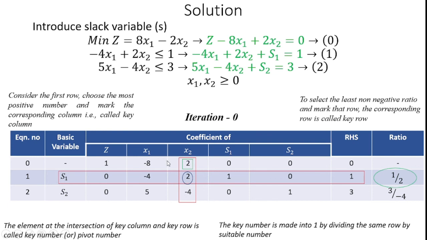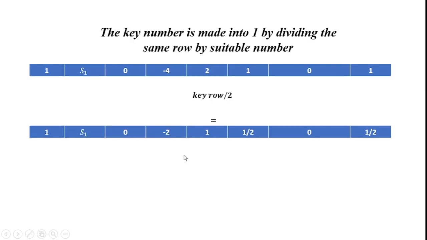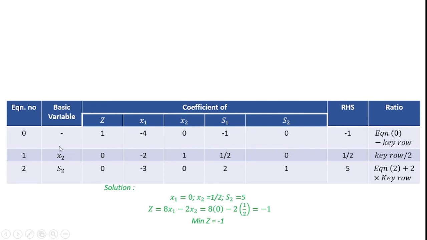Here s1 is replaced with x2 because the key column has x2, so whatever variable is available in the key column, I convert that with the basic variable available in the table. Here you see s1 is replaced with x2. So in the final table, the iteration 2 table, x2 is available in the place of s1.